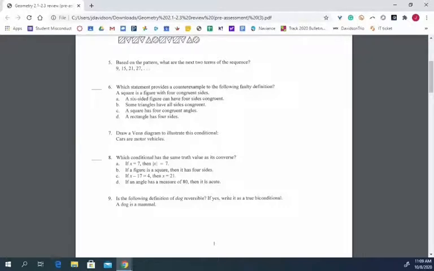That's true. Some triangles have all sides congruent. That's only 3. A square has four congruent angles. That's true. A rectangle has four sides. Yeah, it doesn't say anything about four congruent sides. So if you reversed it, a figure with four congruent sides is a square.